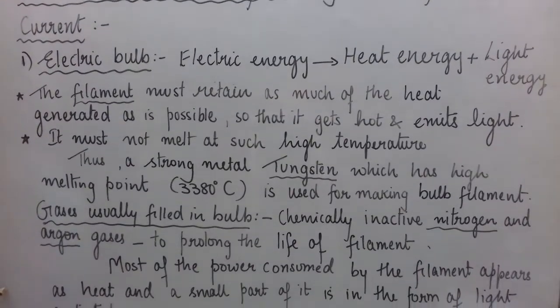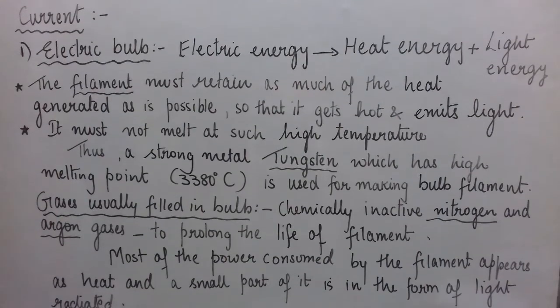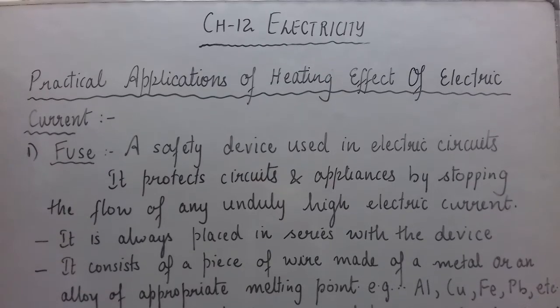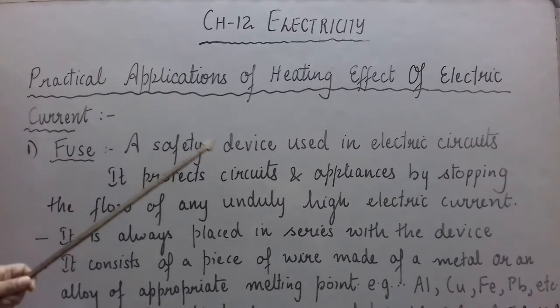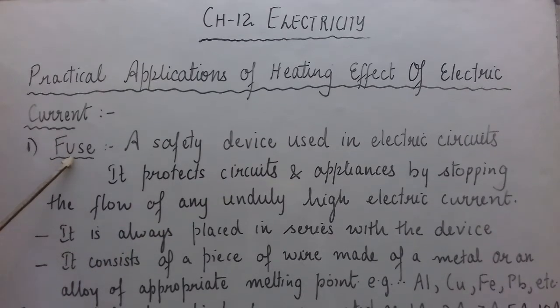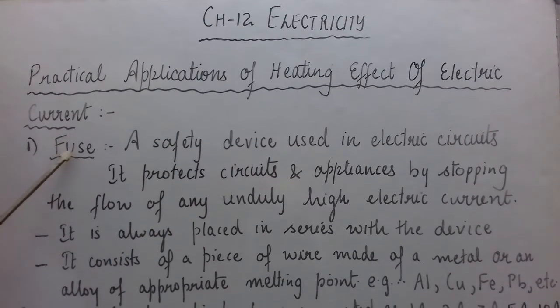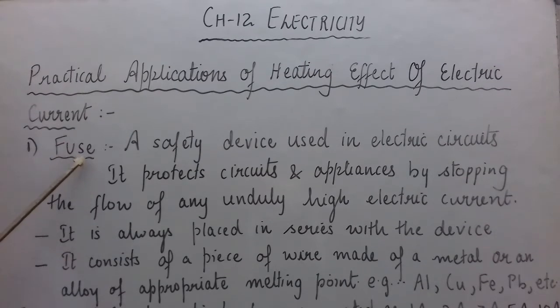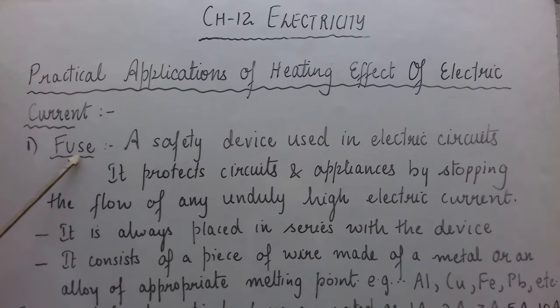Let us move to the next application now. So now let us see about the fuse. A fuse is a safety device which is used in electric circuits. Now in expensive circuits where expensive components or devices are there, we always have a fuse.